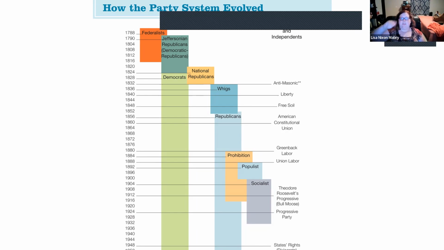So now we've got the Confederacy. Some of those Democrats have decided to be part of the Confederacy. So now the Democratic Party at the time is weakened because part of their people are now not part of the country. That weakens that party and gives more strength to the Republican Party at the time.